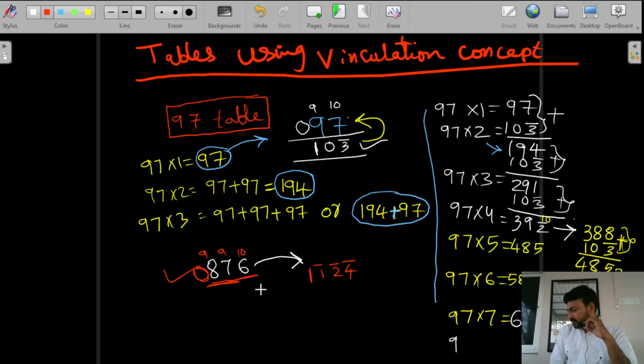What is 752? I think you are doing this one, I think. No, even that one. What is 752? I'm not getting it. So you can continue the 876 table for tomorrow.